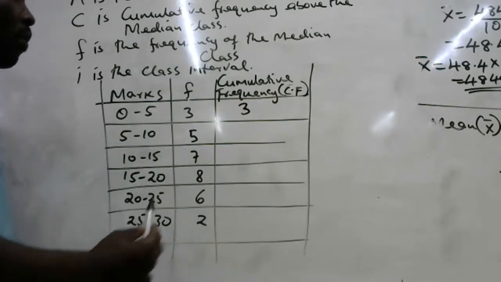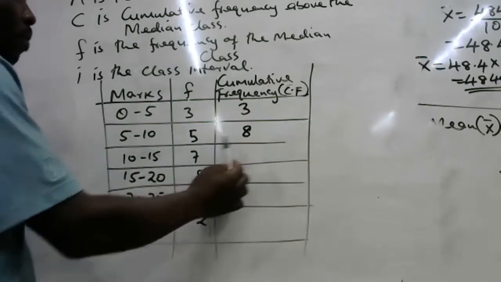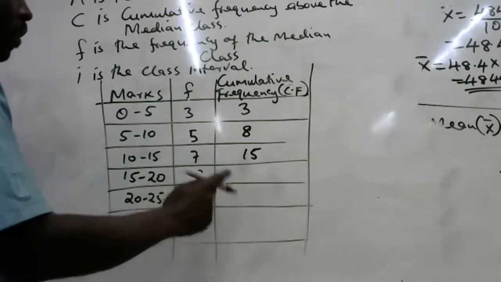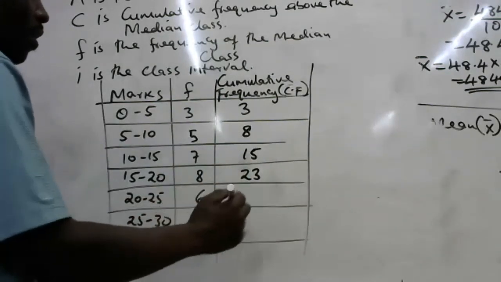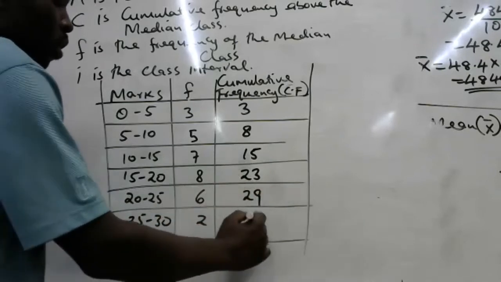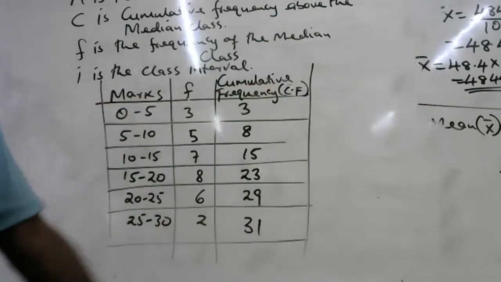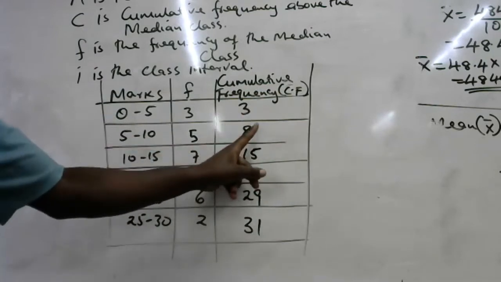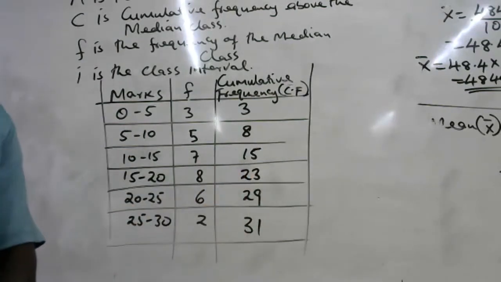Then 3 plus 5 is 8. 8 plus 7 is 15. 15 plus 8 is 23. 23 plus 6 is 29. 29 plus 2 is 31. That is how you create the cumulative frequency. You just go adding them like that.